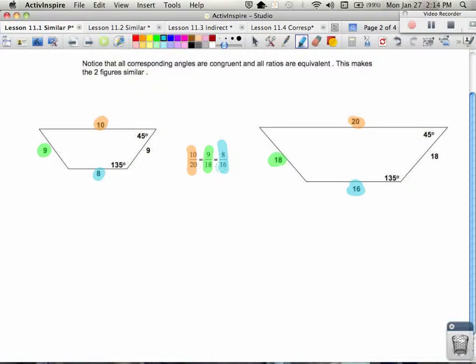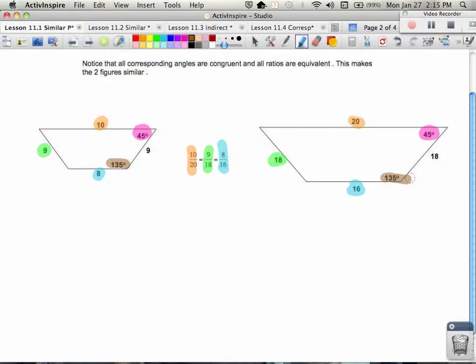They all are 1/2. In addition, I also notice that the 45-degree angle at the top right is congruent with the top angle on the right figure. And the 135-degree angle on the bottom right is the same as the 135-degree angle on the bottom right of the other. So the corresponding angles are congruent, pink and pink, brown and brown, and the corresponding ratios are all the same as well, meaning no matter where I look, the sides have the same ratio.